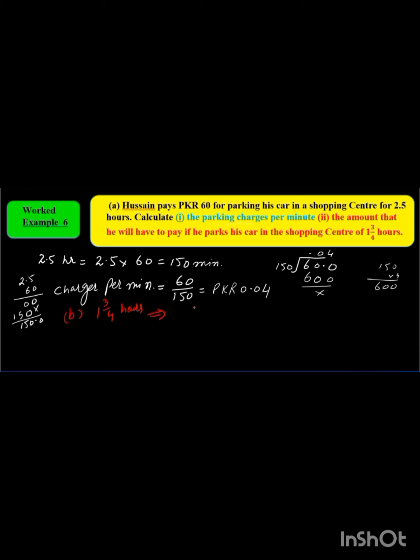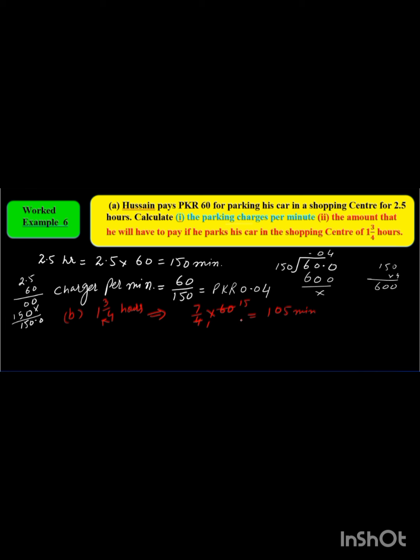So again we have to multiply this by 60. So change this into an improper fraction. 4 ones are 4, plus the 3. You know how to change a mixed number into an improper fraction, and that is 7 over 4 multiplied by 60, right? So it will cut: 4 ones are 4, 4 15s are 60, 15 times 7, and you multiply, you will get your answer, that is 105 minutes.